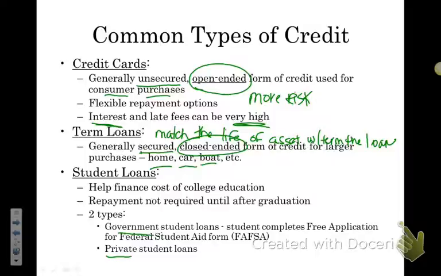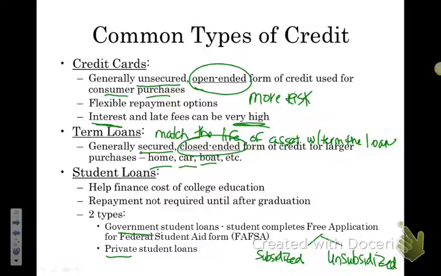With the government student loans, there's two types: subsidized and unsubsidized. If you can qualify for subsidized student loans, that's the better situation.